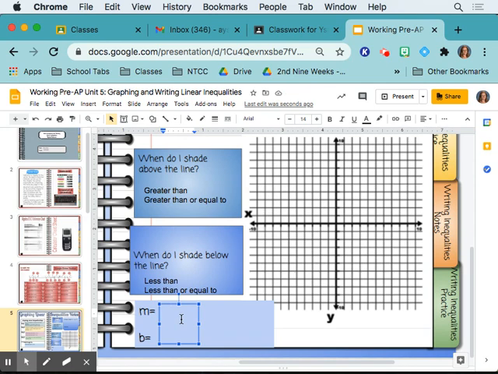And what is our slope on this one? It's positive 2 over 3. And the y-intercept is negative 4. There we go.